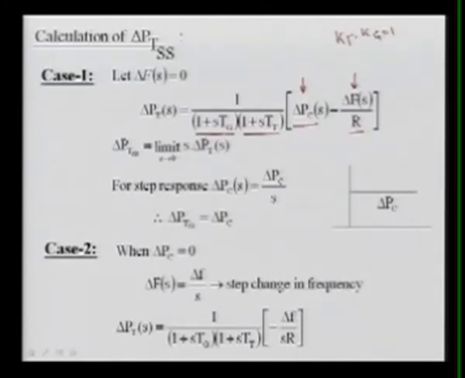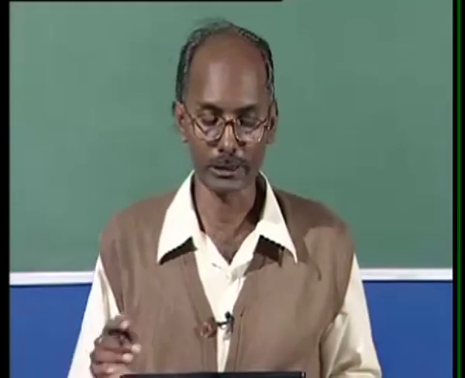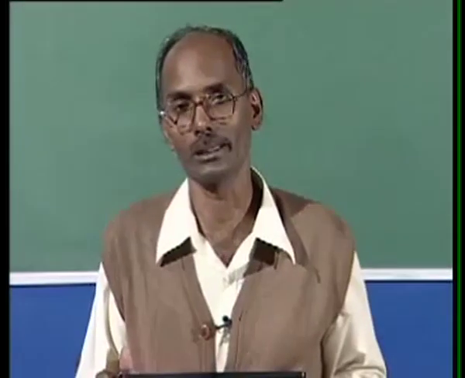Now to see the impact, or you can say the change in the steady state turbine output power, I normally say this change in PTSS. The SS denotes the steady state condition.